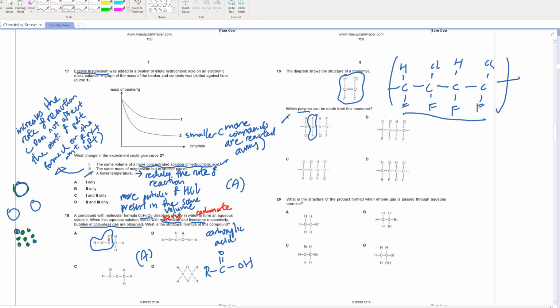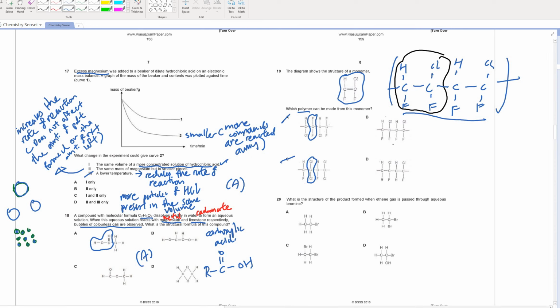Next, how about option C, where there are two Cl on the same carbon? Again, this is incorrect because for every monomer, there is only one chlorine atom. Alright, so option C cannot be the answer. How about option B?